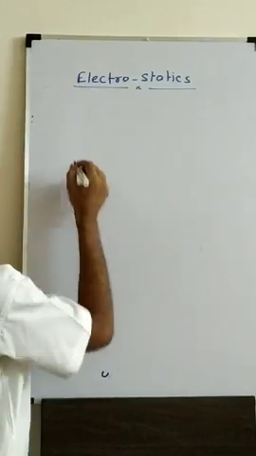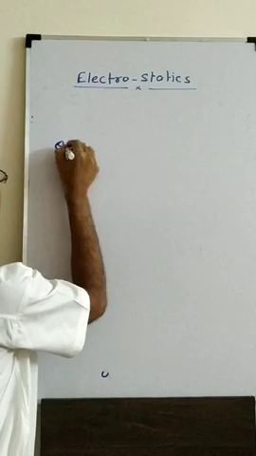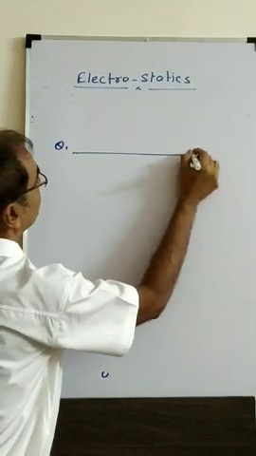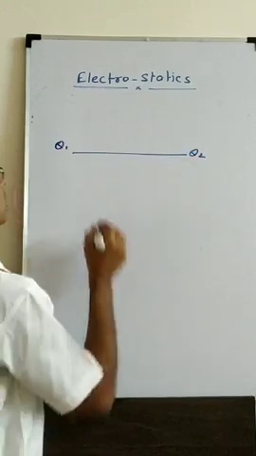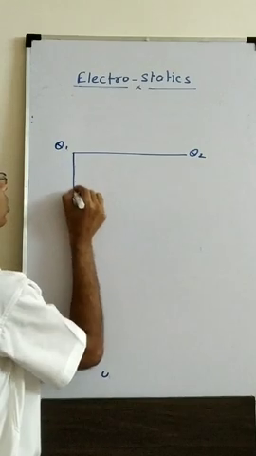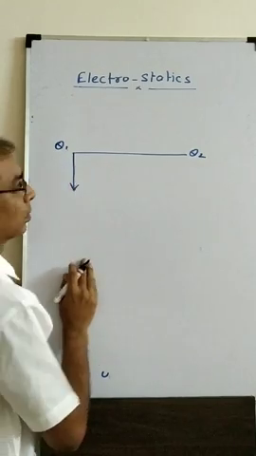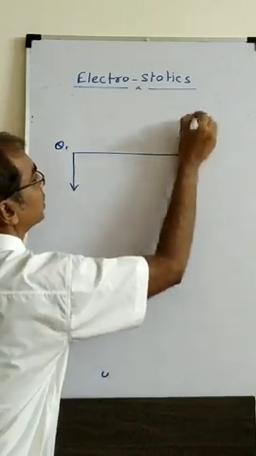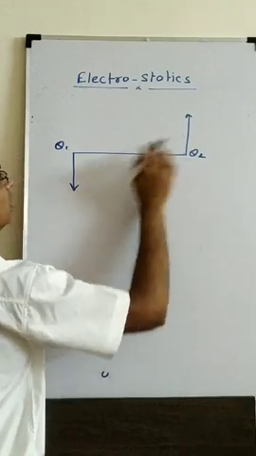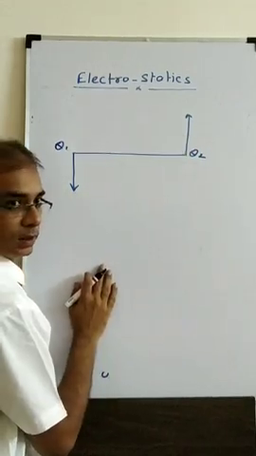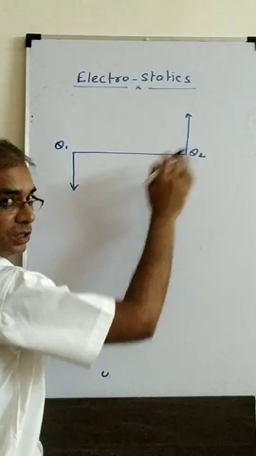Okay, now if the charge is Q1 here and the charge is Q2 here, let's assume that the force applied by Q2 on Q1 is in this direction and by Q1 on Q2 is in this direction. Are these action-reaction forces?